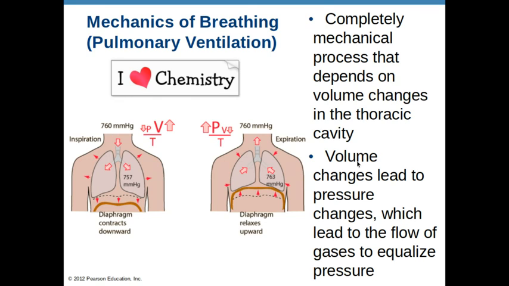Okay. When we change the volume or the size of this cavity, then we have changes in pressure. Based on those changes in pressure, we either are bringing air into the lungs or sending air out of the lungs. Okay. So those are known as volume changes leading to pressure changes.